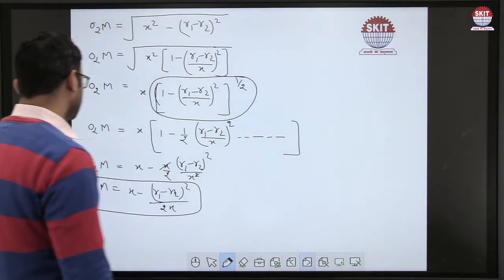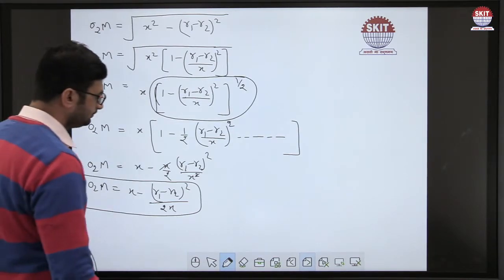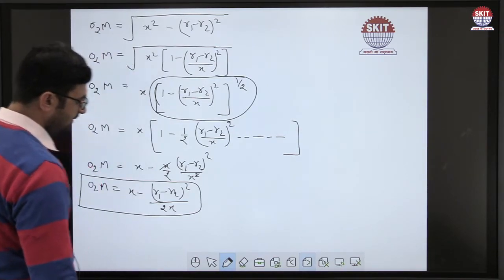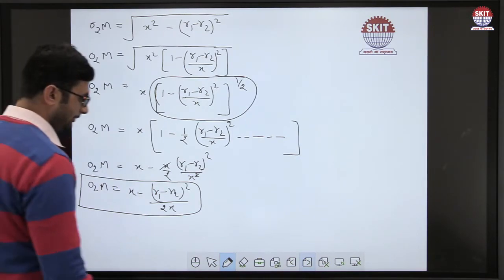Now this value is put in the length of open belt drive equation to find out the formula of the open belt drive.